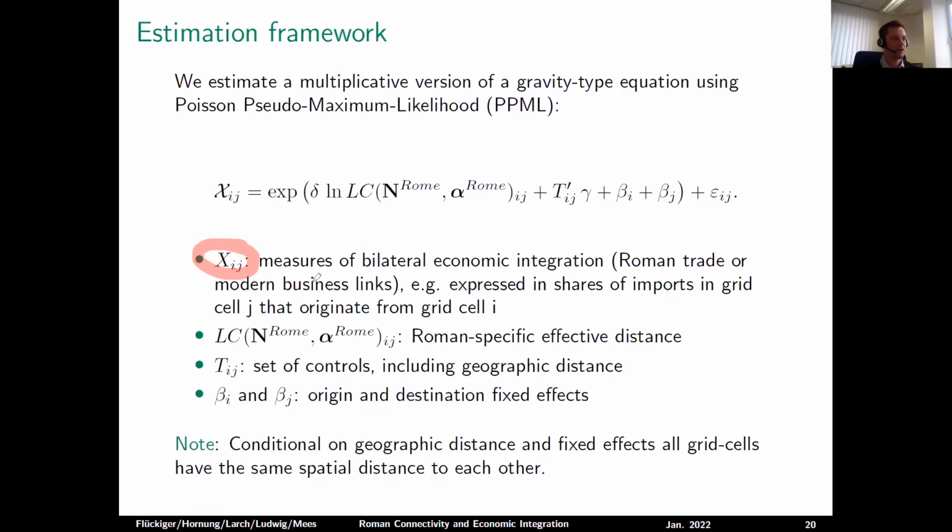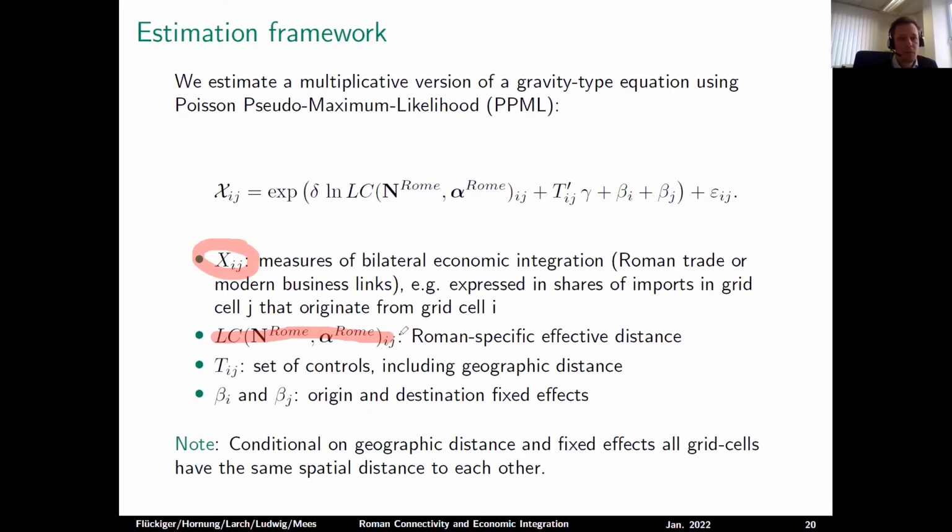As Allard showed, we have roughly 60 production centers within Europe, and these can send out terra sigillata anywhere in Europe. We want to understand whether they send it out on the least cost path.